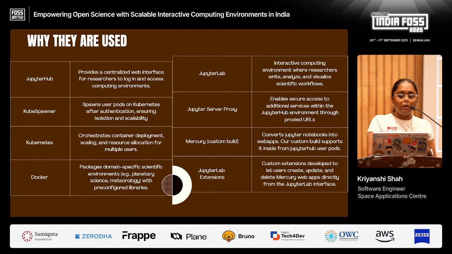JupyterLab provides enhanced interactive computing environments where researchers write, analyze, and visualize scientific workflows. Jupyter Server Proxy enables secure access to additional services within the JupyterHub environment through proxied URLs. A custom build of Mercury converts JupyterHub notebooks into web apps. And JupyterLab extensions support Mercury inside the JupyterLab and JupyterHub environments.